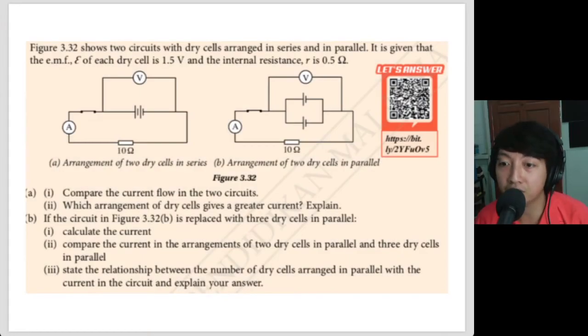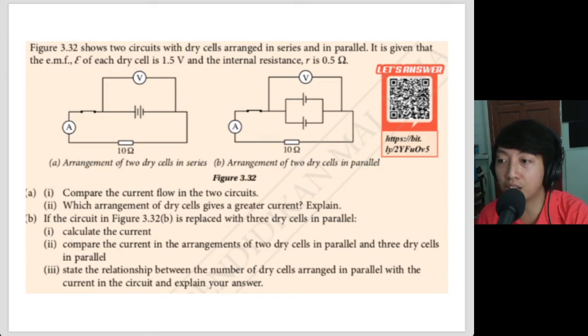So the first question, A, is compare the current in the 2 circuits. When we're calculating current, we first need to calculate the total internal resistance in each of the circuits.